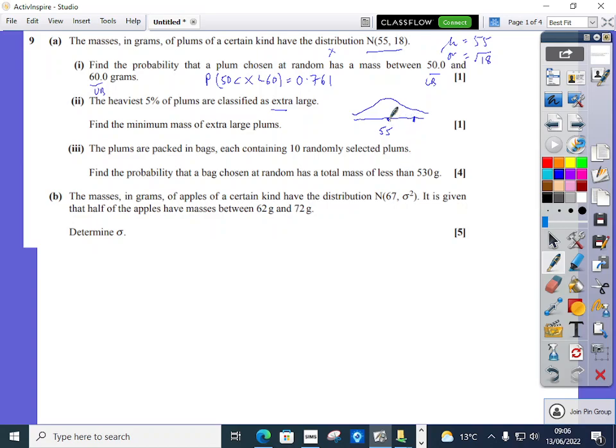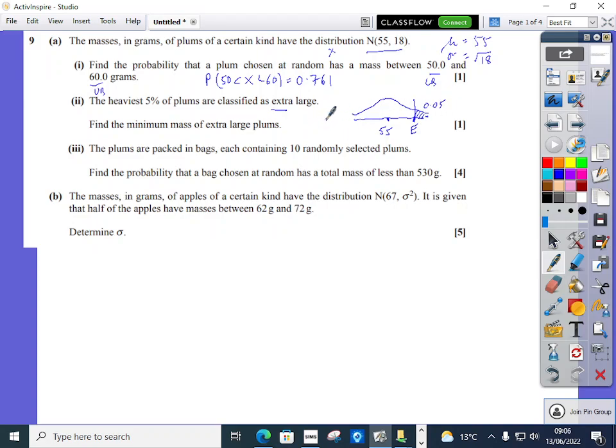The area underneath this graph must equal 1. And calling this E for extra large, everything greater than that will be 5%, which is 0.05.